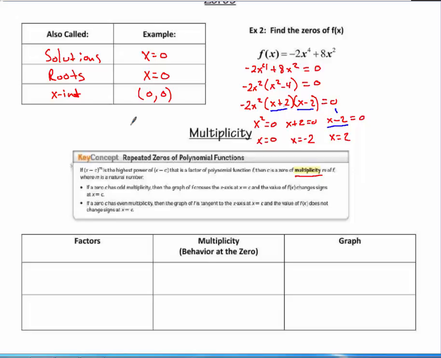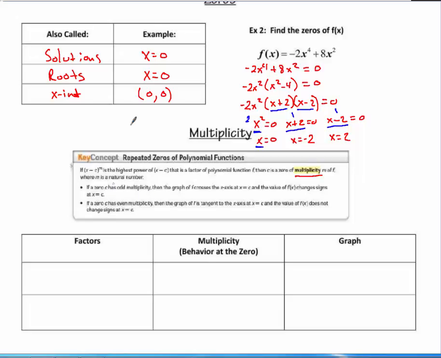X plus 2 showed up one time, so it also has a multiplicity of 1. But this x down here really shows up 2 times because we have x equals 0, but then we'd have another x equals 0, but we don't need to write it because you don't write it when it equals the same thing. So this x shows up twice, so it has a multiplicity of 2.